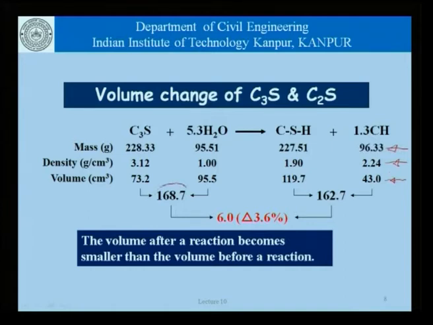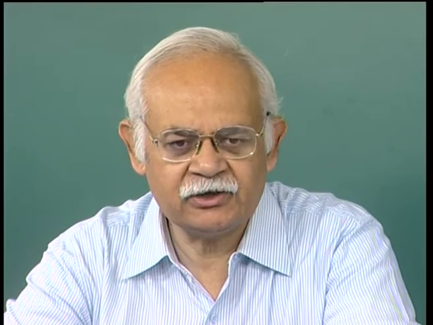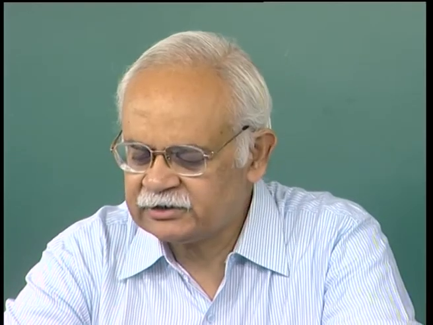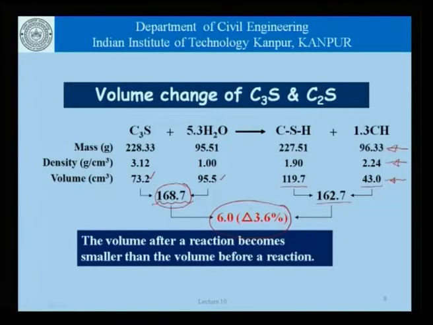If we look at this total here, we have 73.2 cc of C3S reacting with 95.5 cc of water, which means that the volume of the reactants is 168.7 and the volume of the products, which is given here, is only 162.7, which means that there is a net change of about 6 cc as far as the hydration of C3S is concerned, and that is a change of about 3.6%. The volume after the reaction becomes slightly smaller than the volume before the reaction.